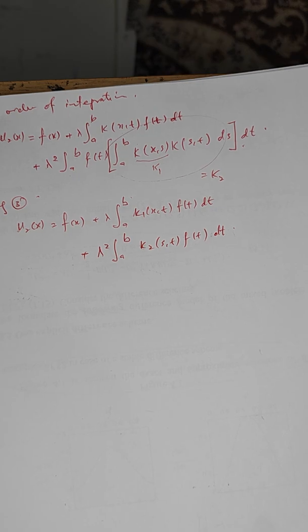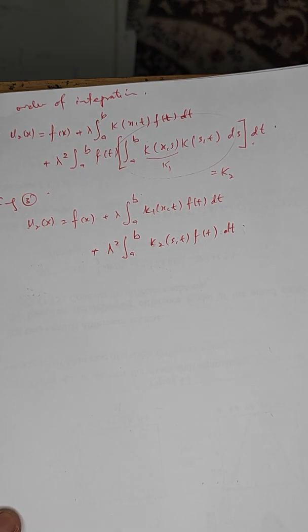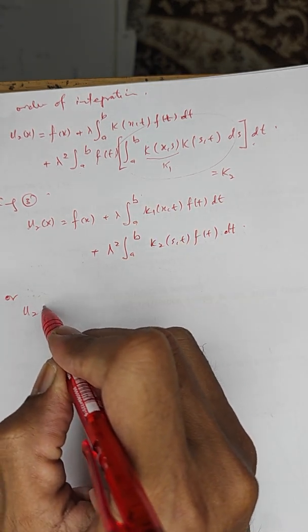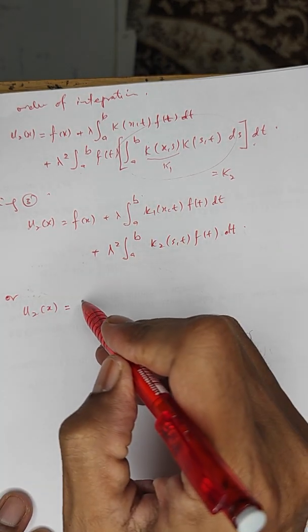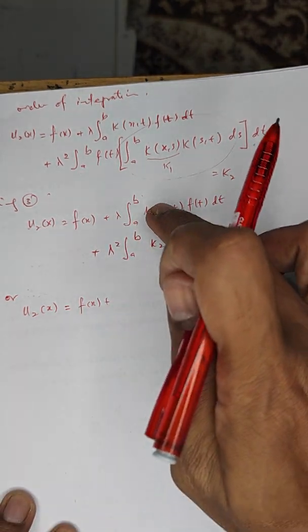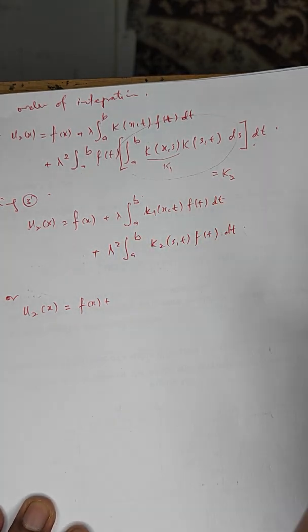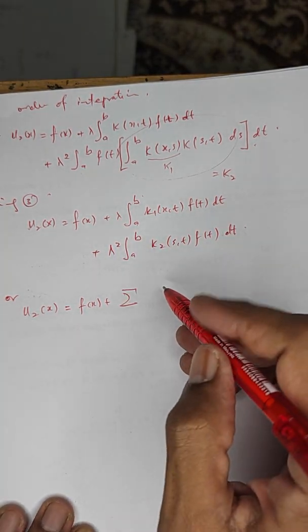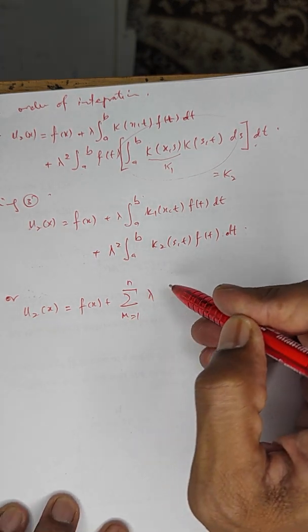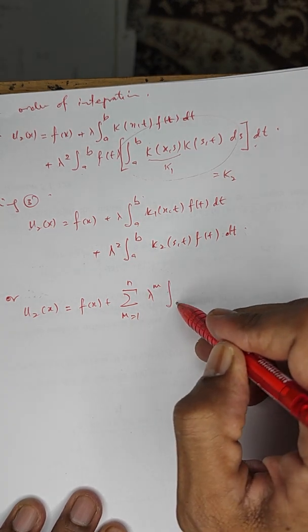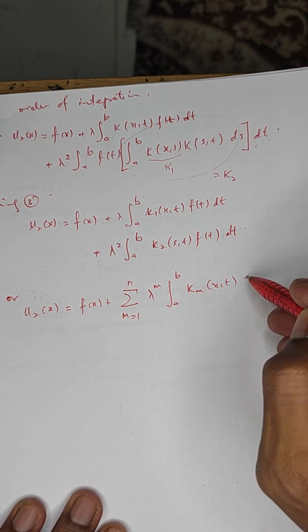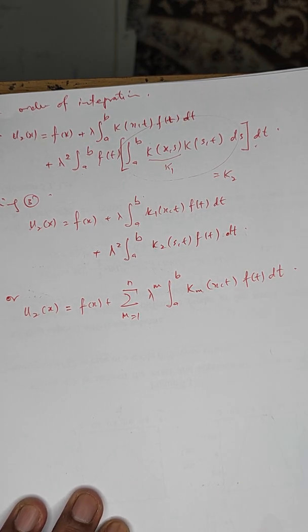You can write this in terms of a series if you want: u2(x) = f(x) + the sum from m = 1 to 2 of lambda^m integral from a to b of Km(x,t) f(t) dt.